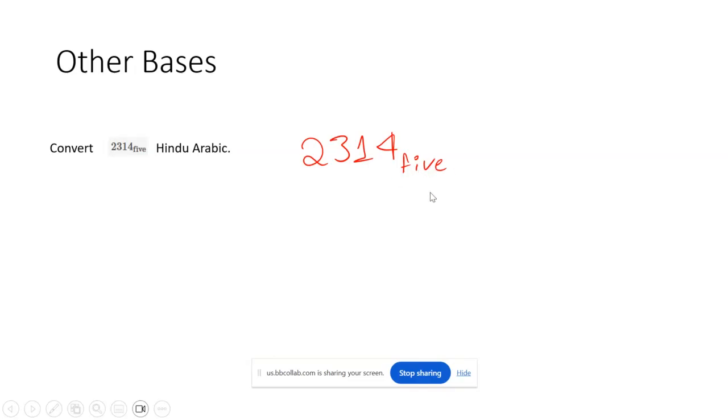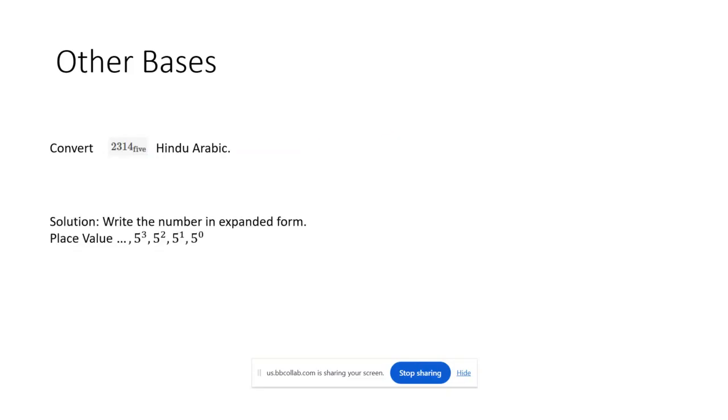My suggestion is that if you have different bases, it is needed, because I could use exactly the same symbols, the same digits, 2, 3, 1, 4, and if it's in base 3, it represents a different number. But if every example has a different base, then within that example, if you don't write it down, just remember that the base is 5.